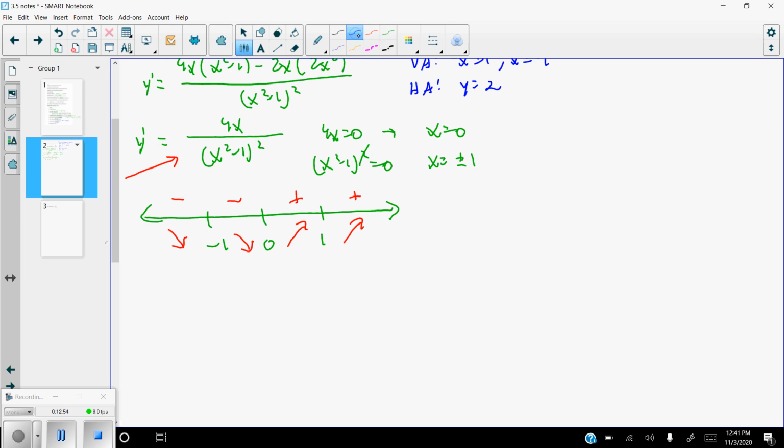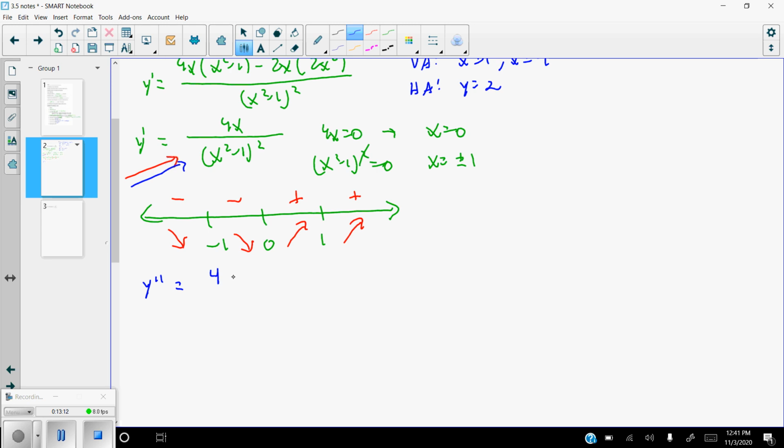Okay, now we're going to go ahead and do the second derivative. And again, you're going to want to do your second derivative from the most simplified form, which is this one right here. It's going to be another quotient rule. So let's see. Quotient rule.